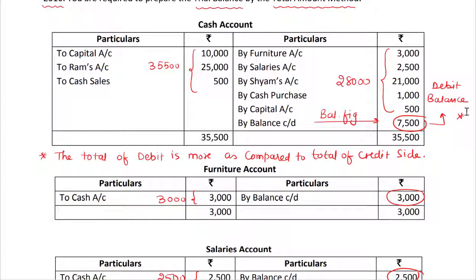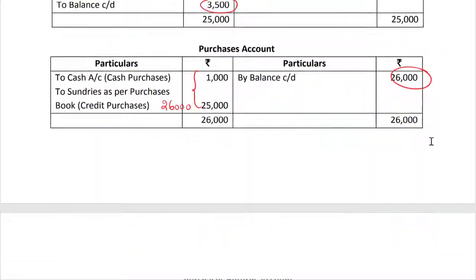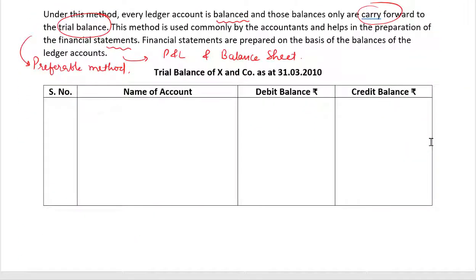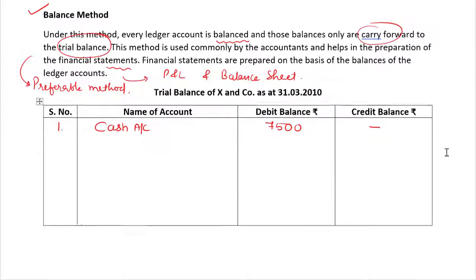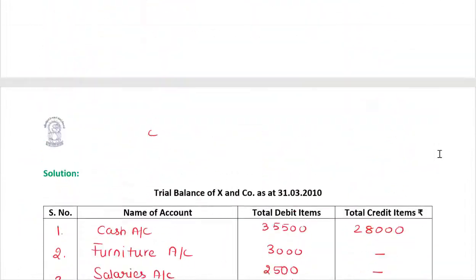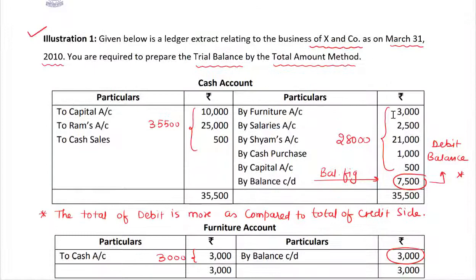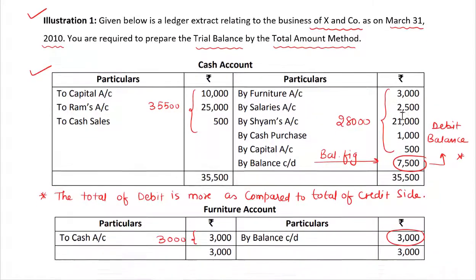So cash balance, debit side 7,500. No entry on the credit side. Cash account is done.